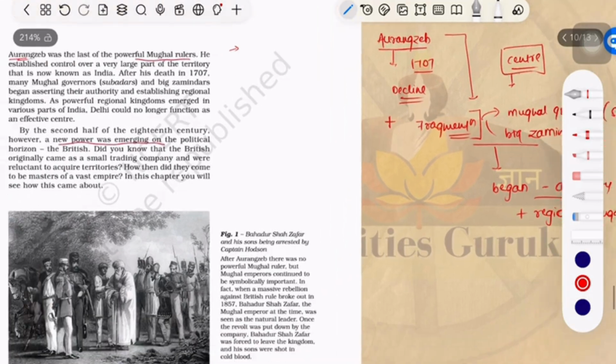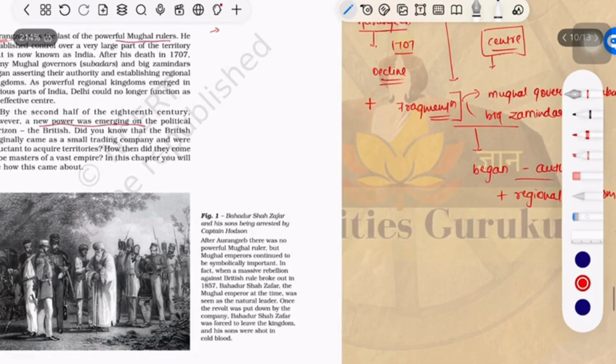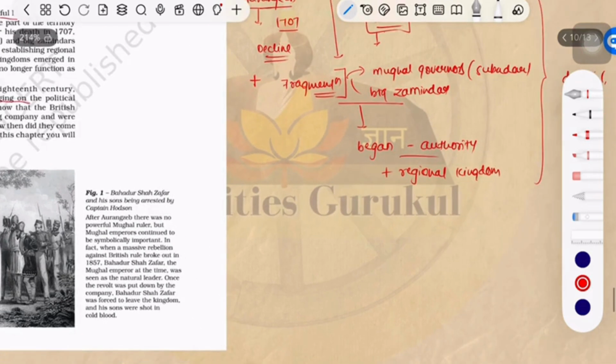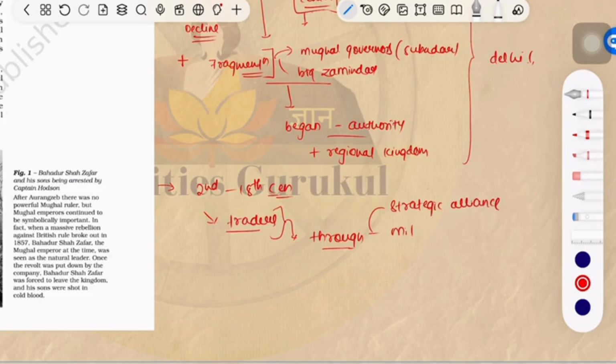Now, if we discuss the rise of the British as emperors, in the second half of the 18th century, what happened is that initially they were traders, but after analyzing the situation of India, they expanded their influence through strategic alliances, then military conquest, then economic dominance.